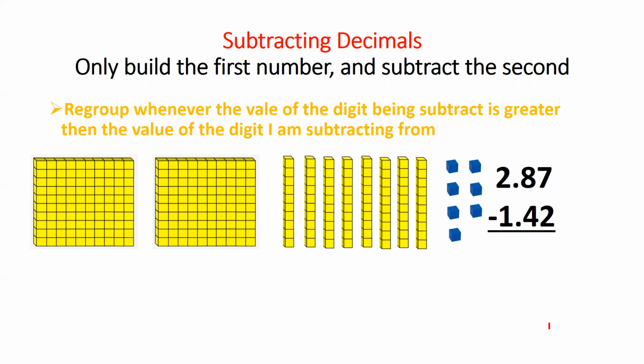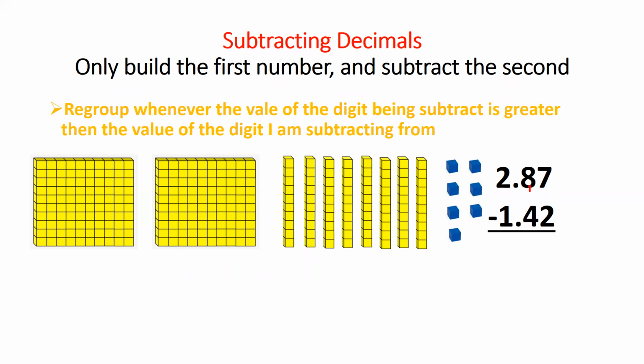For subtracting decimals, you're going to build the first number and then you take away the second number, and then you regroup whenever the value of the digit being subtracted is greater than the value of the digit you are subtracting from.